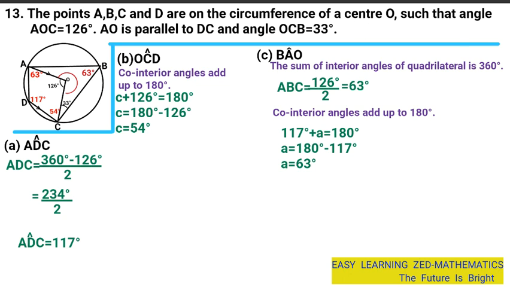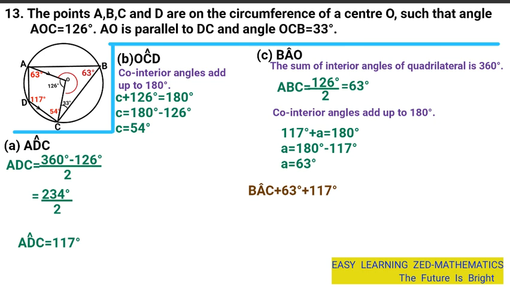So we are going to add all the angles, including angle BAO. We write angle BAO plus 63, which is angle OAD or DAO, then plus the angle on D, which is 117, plus the angles on C. You can see that on C we have two angles, 54 and 33, both of which will be added.